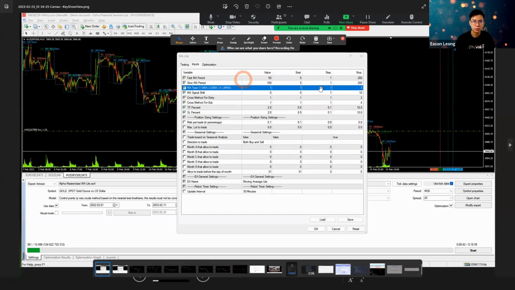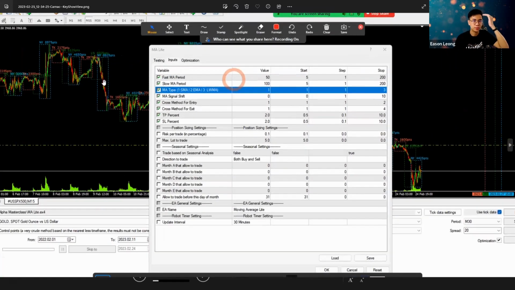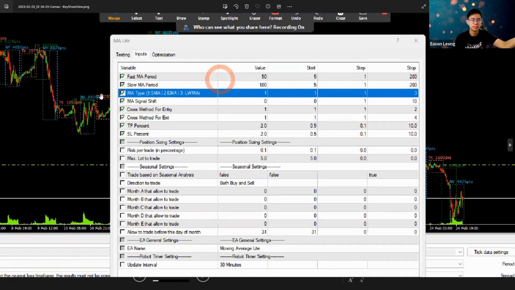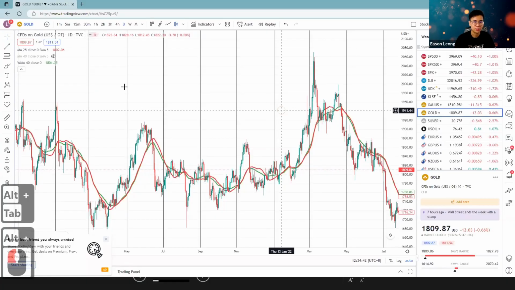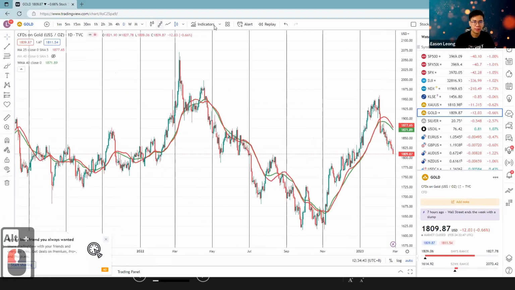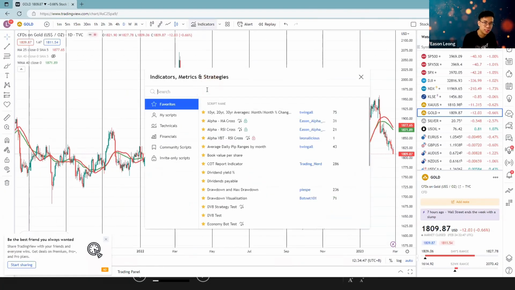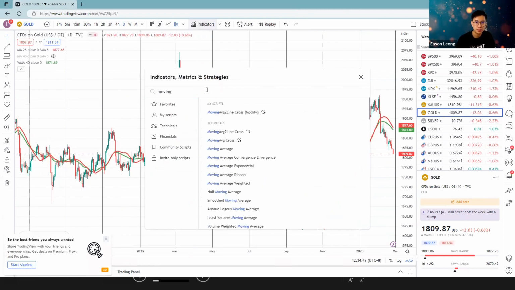Okay. So over here, you know the fast moving average, you know the slow moving average, you know what is moving average type. Right now it's a signal shift. This is important because if you look into here, let's say that you are having, okay, you can just go to Google search, indicator there, search for moving average line cross, right, this one.